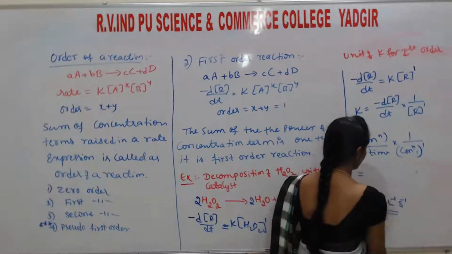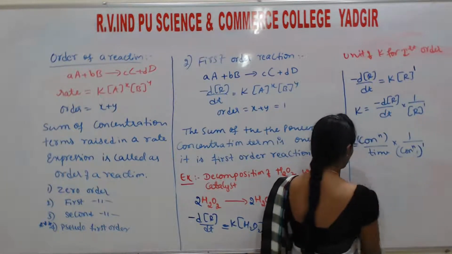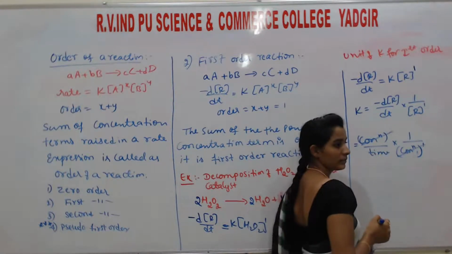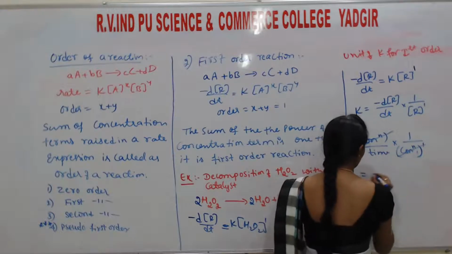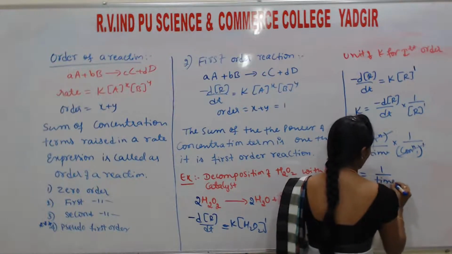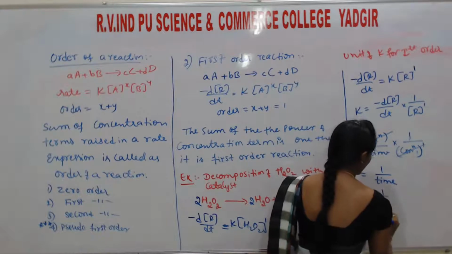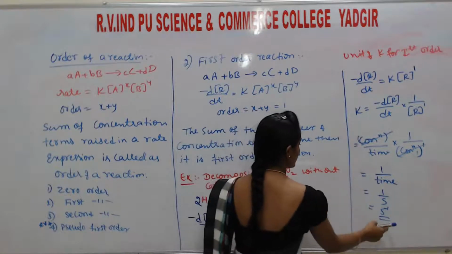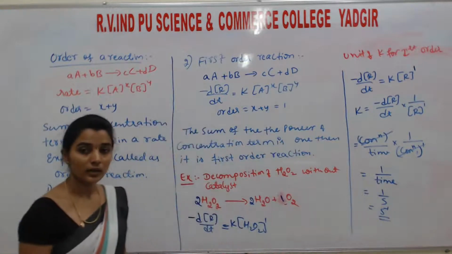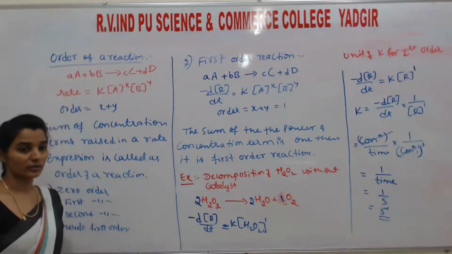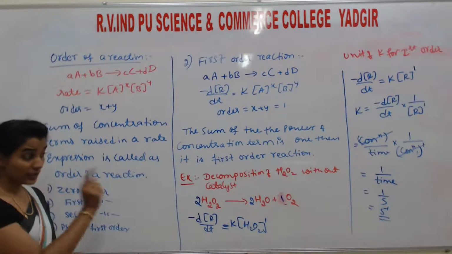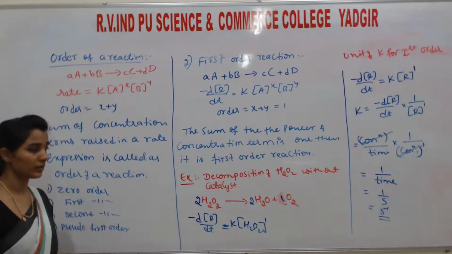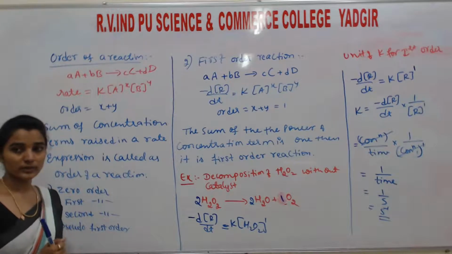So that means, listen, here this concentration gets cancelled, leaving 1 divided by time in the numerator. Time means second, that is second inverse. So the unit of rate constant is second inverse for first order reaction. Understand? So these units are very important for 1 mark. Zero order, first order, second order, everything. Okay, important for 1 mark.